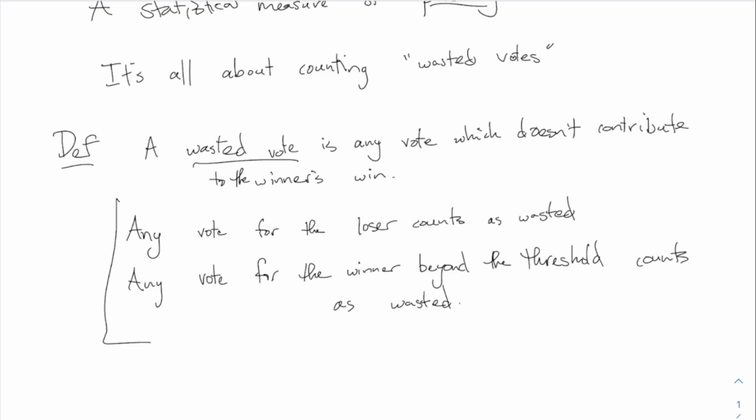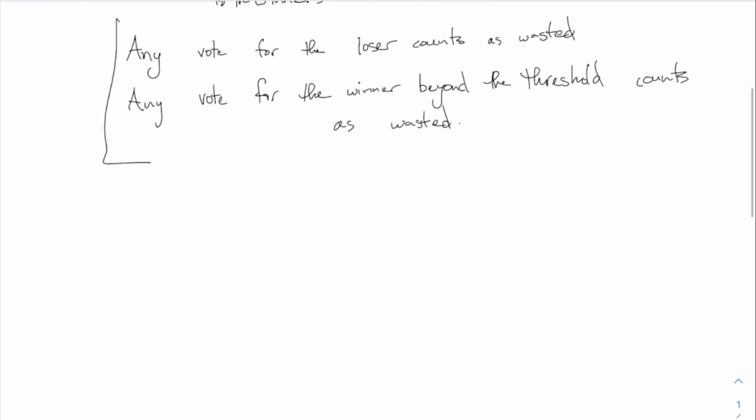And it turns out if you pack the districts in an unnatural way, then one of the parties will waste far more than the other. So for example, here's a typical example. In a district with 100 voters, let's imagine the D's and the R's are my two political parties.